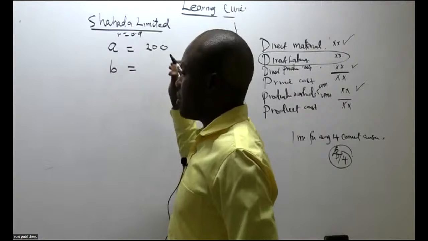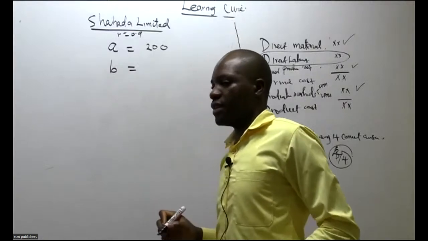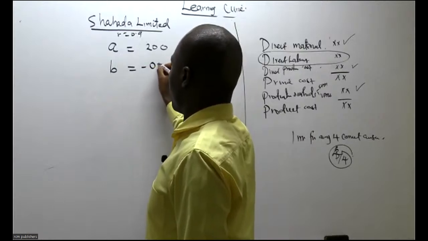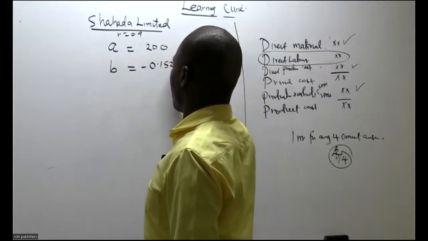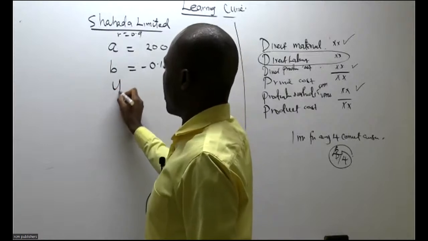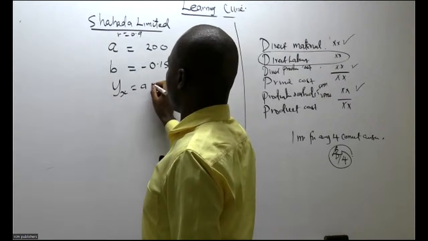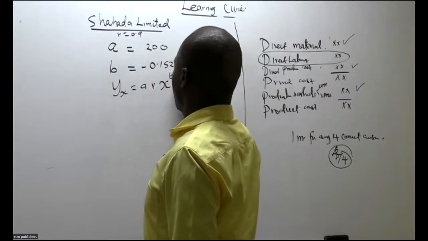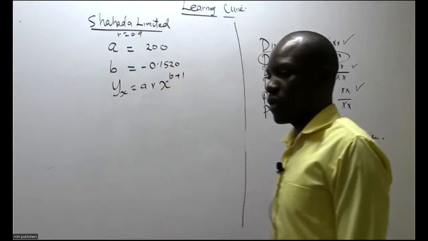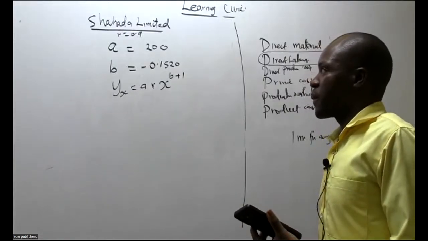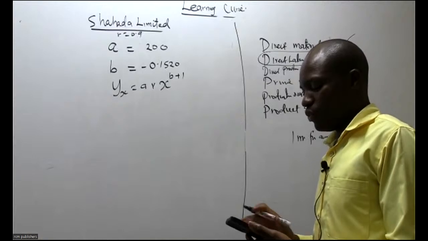Log R divided by log 2 is giving us negative 0.1520. And we know that Y_X is equal to A multiplied by X raised to power B plus 1. So that one we know very well. Let's now go to the question and identify what the examiner wants us to do.